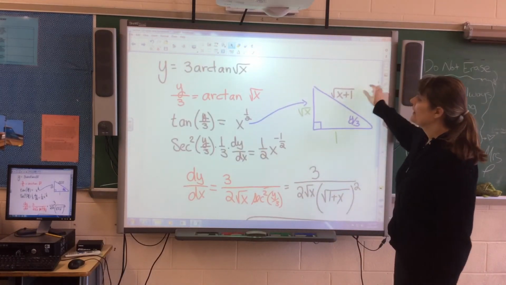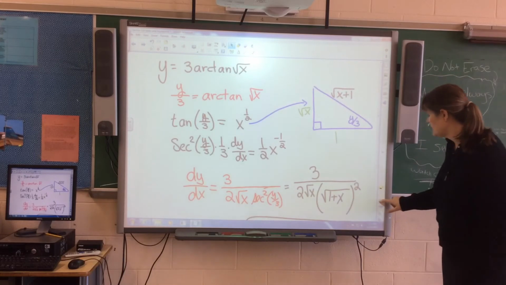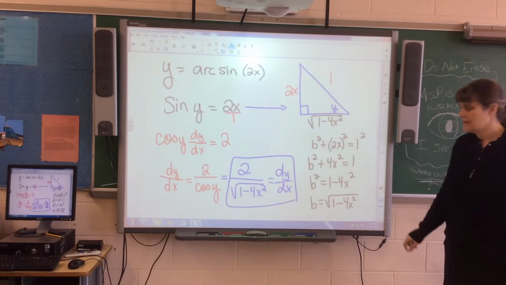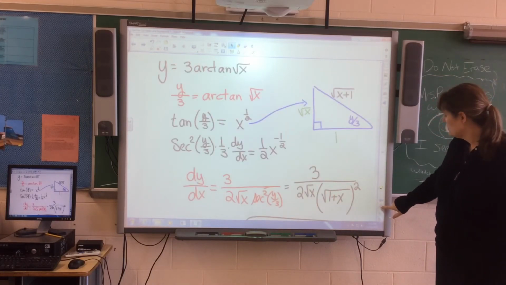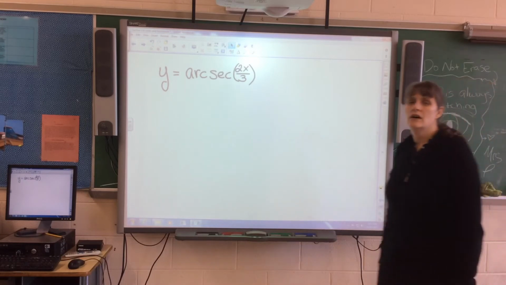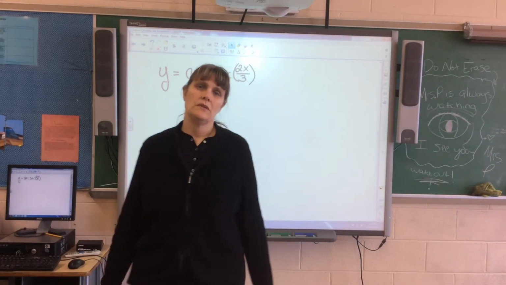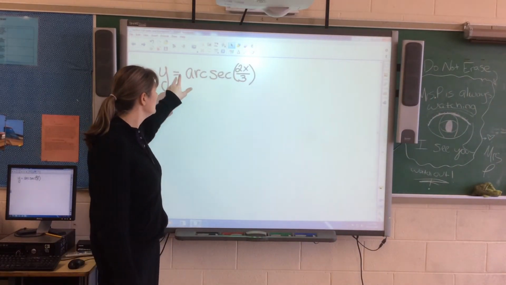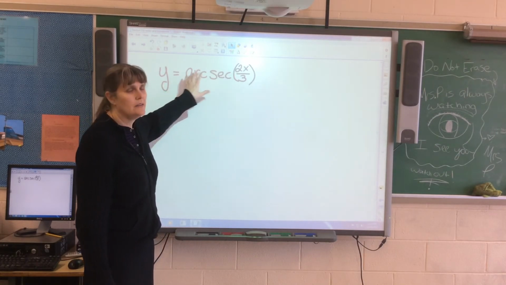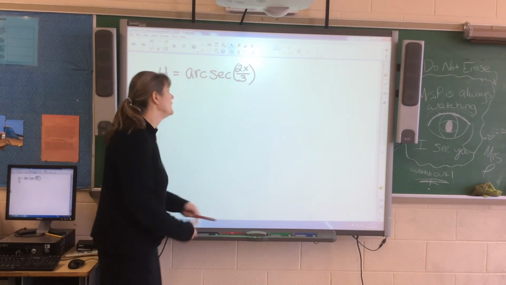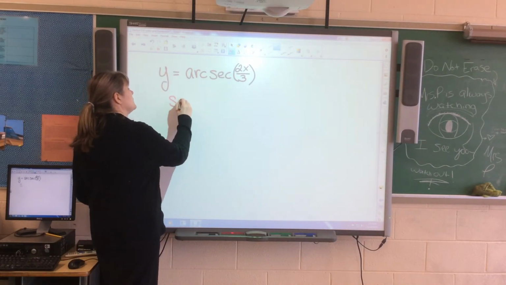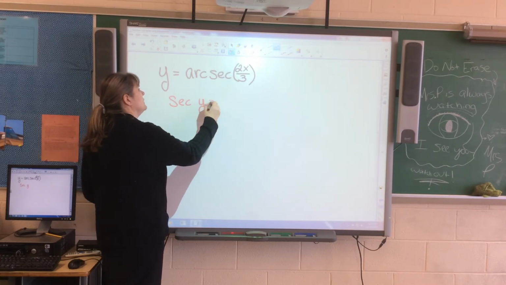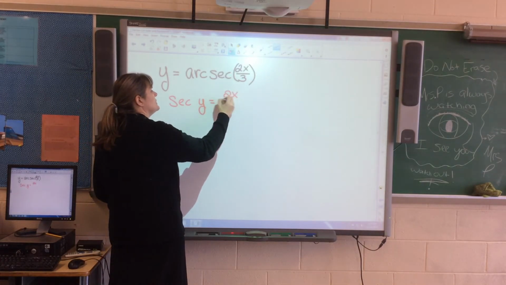So whether we have arctan or arcsine, we could do, let's do this one. Arcsecant, we'll do one more example. No coefficients out here to worry about, so we can rewrite it. Secant of y is 2x over 3.